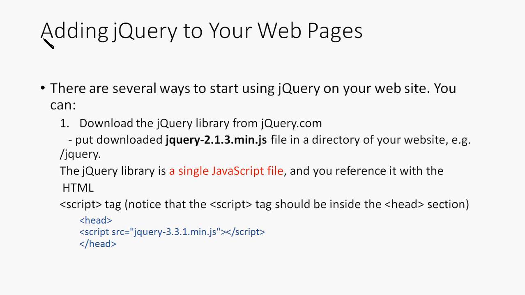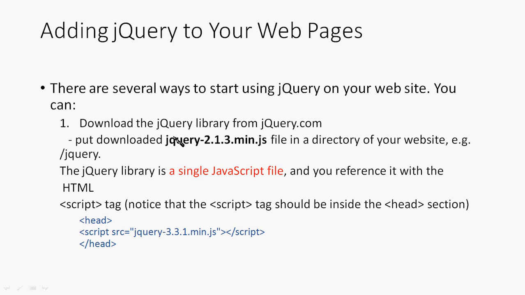There are mainly two ways to use the jQuery library. First is to download the jQuery library from the corresponding website and save it in your folder, and you can call it by using the script tag. Inside the script tag, you mention the source as the folder name and file name.